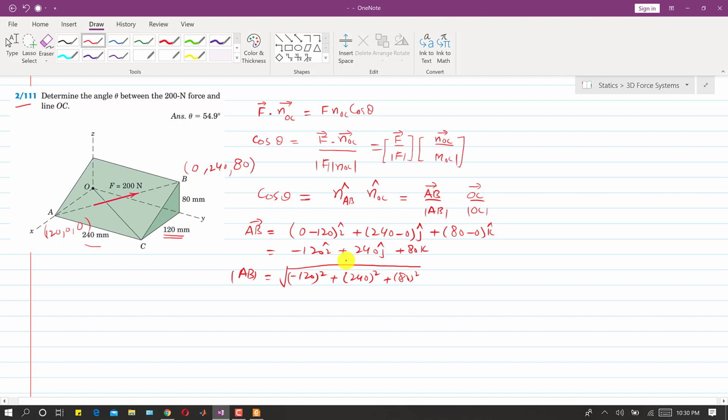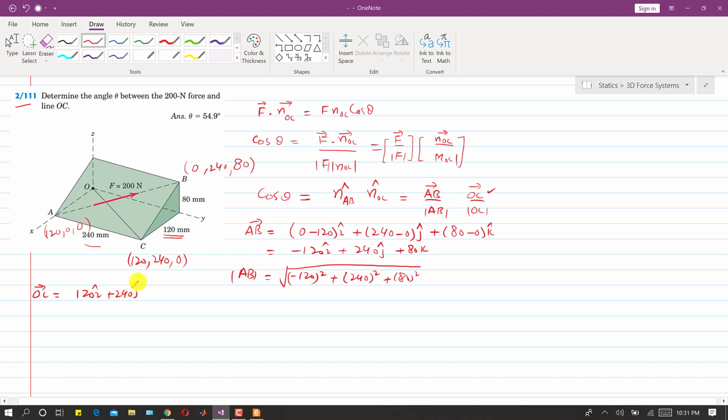The next thing is to find the OC vector. For that we find the coordinates of C. O is at the origin. To reach C we travel 120 mm along x and then 240 mm along y, and there is no need to travel in the z direction, so this is 0. Now the OC vector is the coordinates of C minus those of O; since O is the origin, we can write it directly: 120 i plus 240 j plus 0 k.